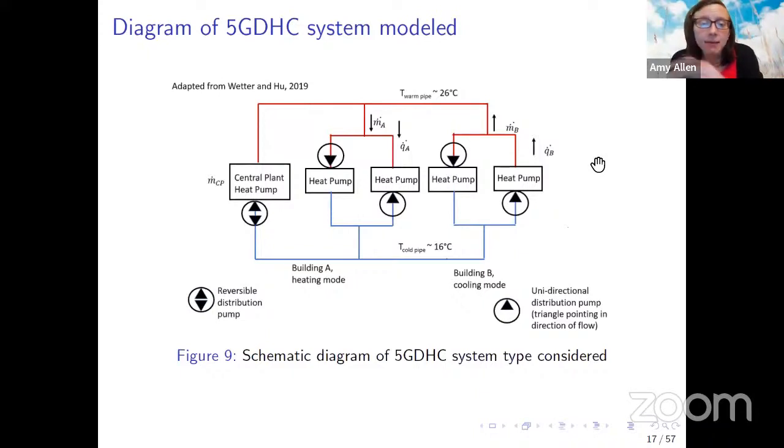And the system configuration that I considered is similar to that shown on this diagram earlier, with the warm pipe and cold pipe of the system operating at the temperature shown, with bidirectional mass flow permitted through the network, and the energy transfer station with heat exchangers and circulation pumps and water source heat pumps at each building, controlling mass flow to maintain a 10 degrees C delta T across the building connection.